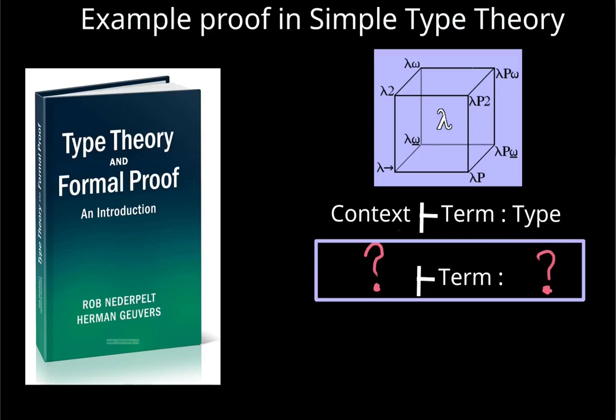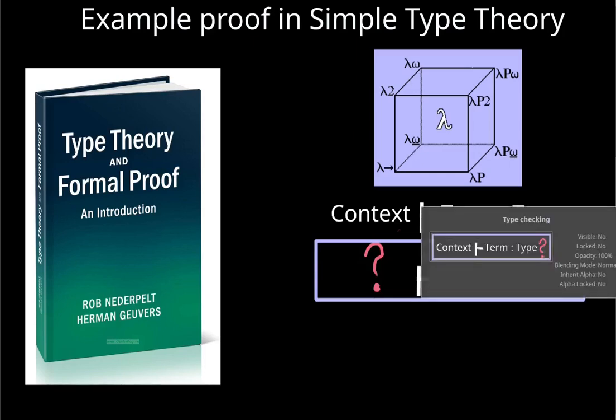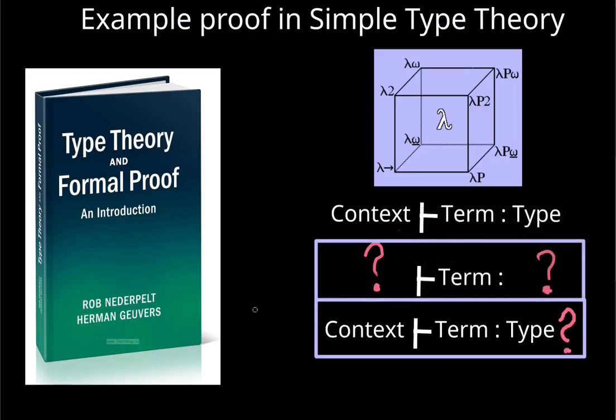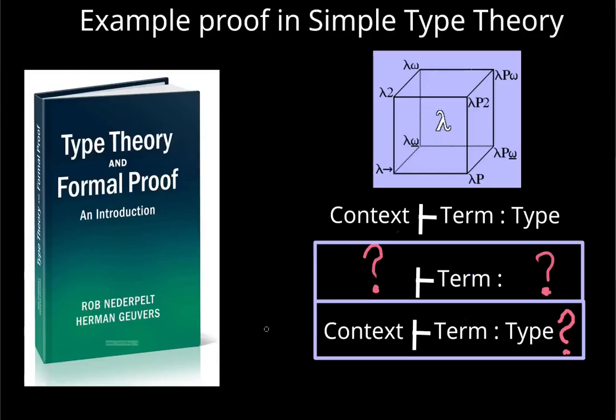Okay. Then the next question you can ask yourself in one of these theories is type checking, which means you're given a judgment, and you're supposed to figure out whether or not the judgment makes sense in the language.